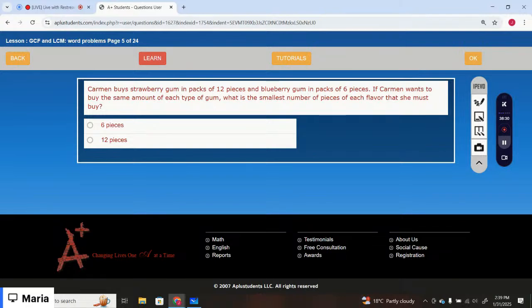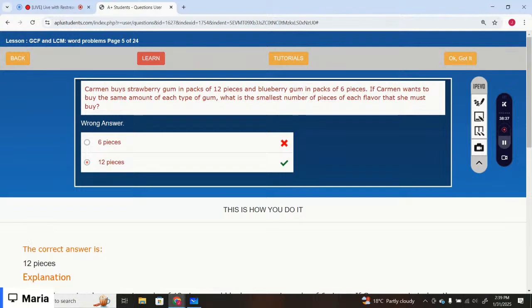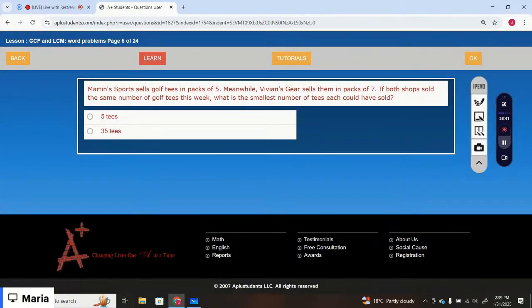That is 6 pieces. Oh, 12 pieces. Sorry, we had it right. Smallest common multiple, that is 12.